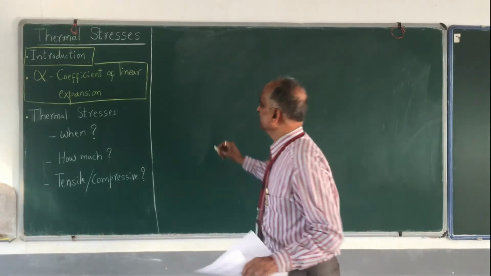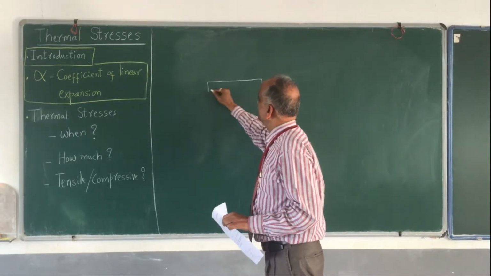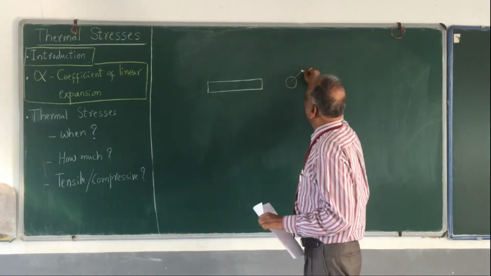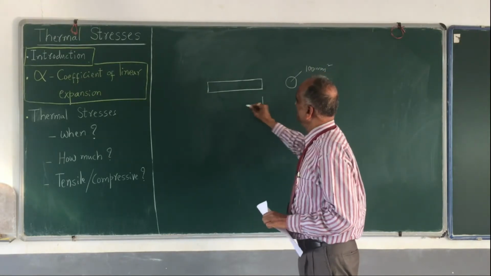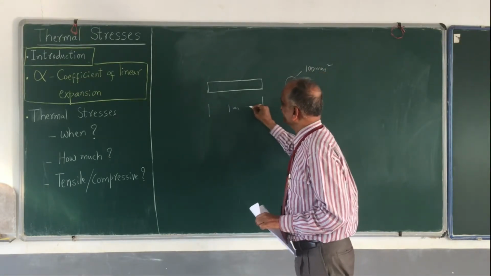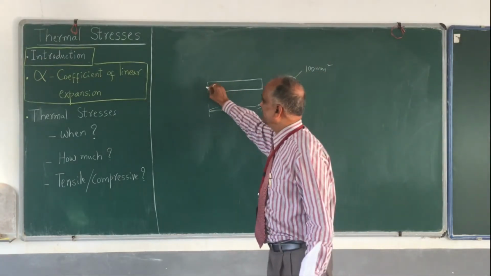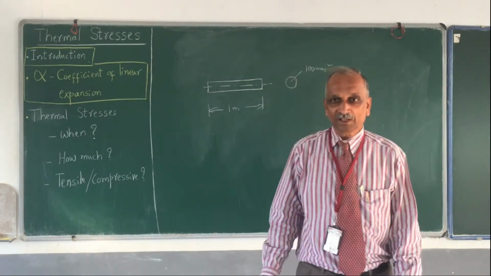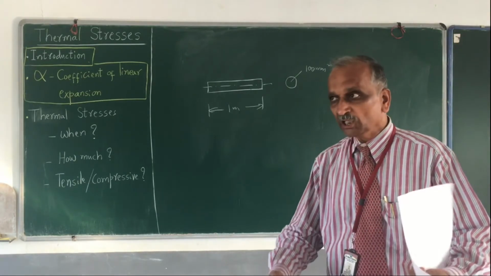Imagine a circular member whose cross section is, say, 100 millimeter square, and whose length is, say, 1 meter. It is all solid, and this is the axis. I cannot call it a bar, because I have not applied load.